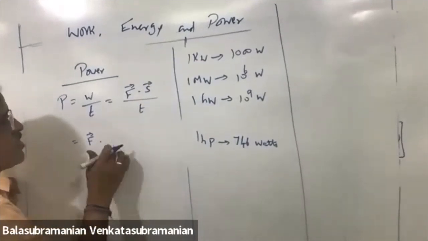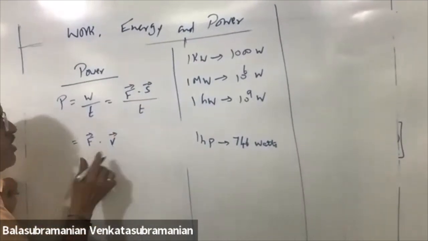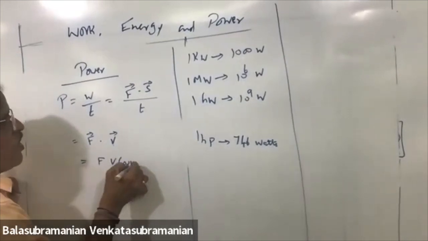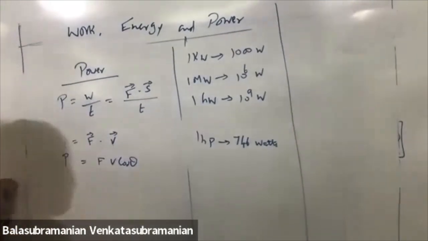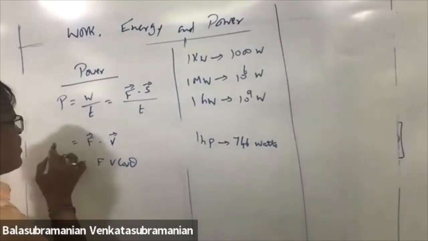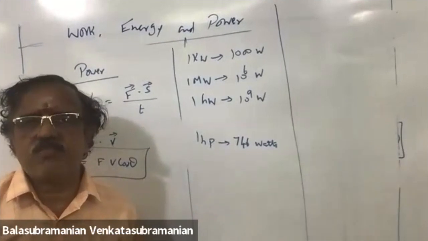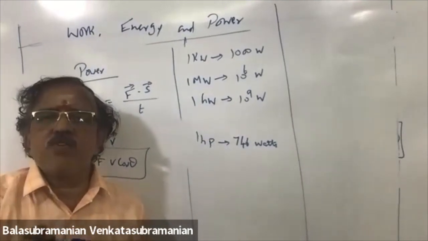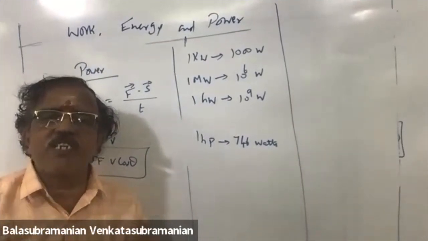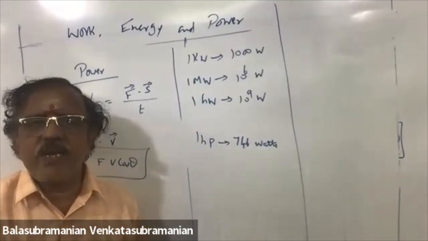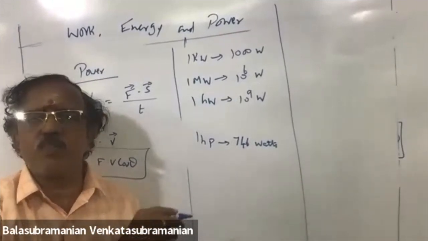Velocity, displacement by time. So I can write this as Fv cos theta, power. So it is a scalar product of two vectors, force and velocity. Scalar product of force and displacement is work done; divided by time, force and velocity is called power.